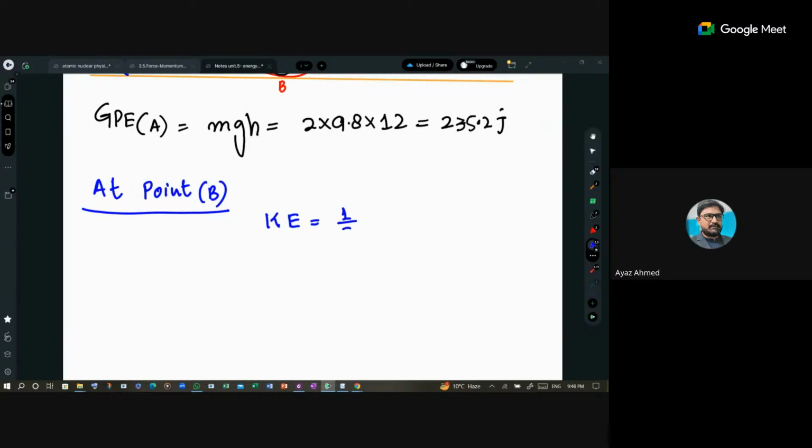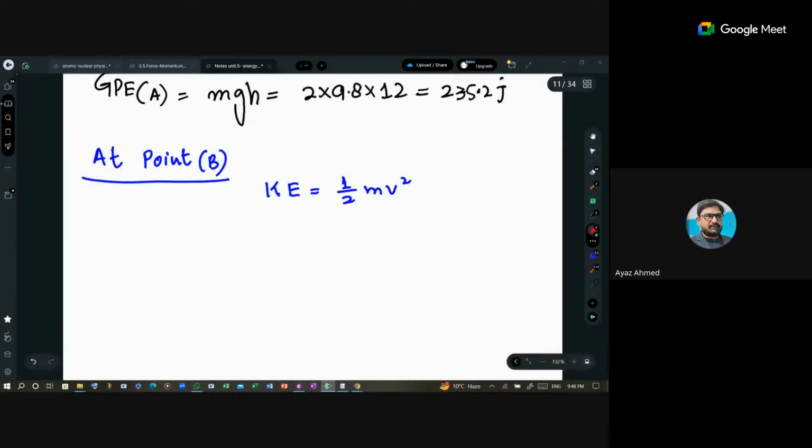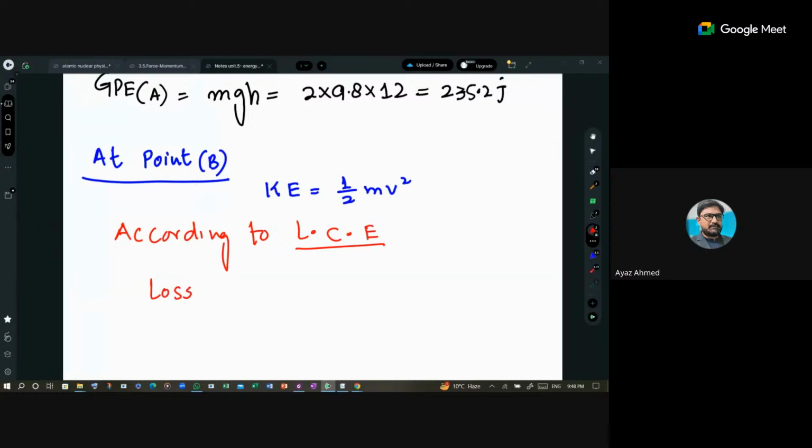It will be equal to 1 by 2 m v square. But we do not have speed, so I can say that according to the law of conservation of energy, loss in gravitational potential energy is equal to gain in kinetic energy.